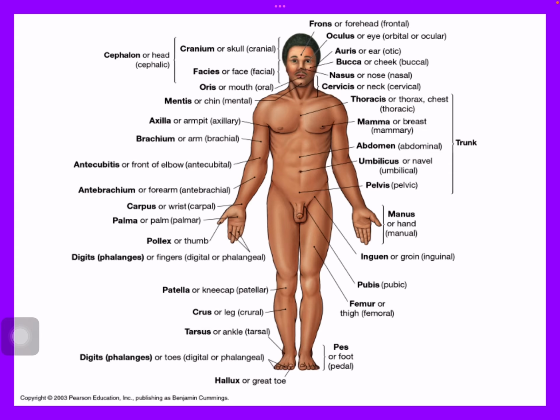So this is everything you need to understand. All these names are very important to understand normal anatomy.